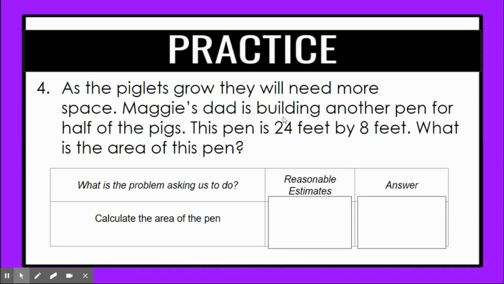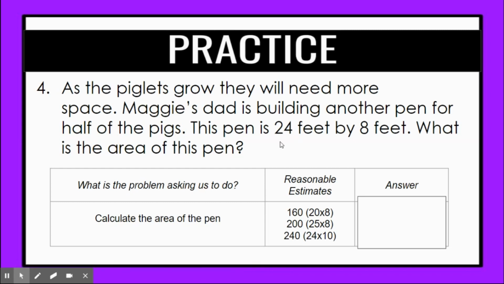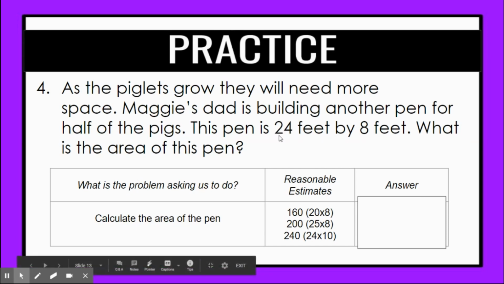Think about this. 24 is close to 20, and 8 is close to 10. That may help you. Did you write it down? So here are some ideas. If we went with 20 by 8, that's like 2 times 8, which is 16. 20 times 8 then would be 160. 200, because you could think of money, 24 is really close to 25, like 25 cents.